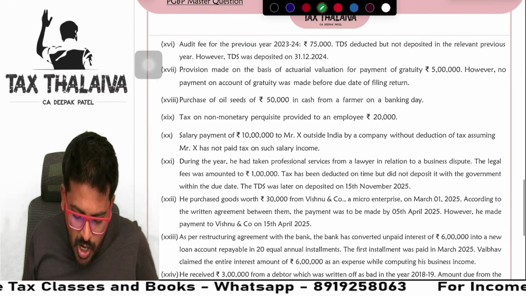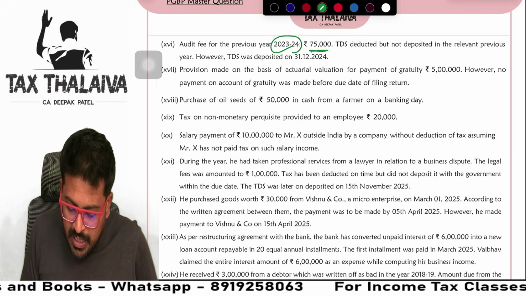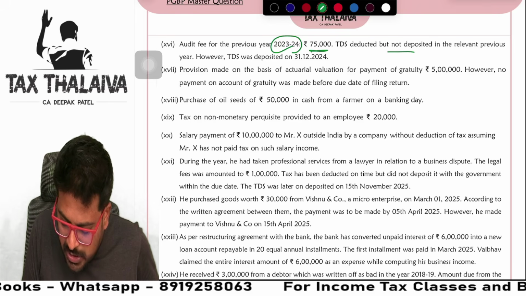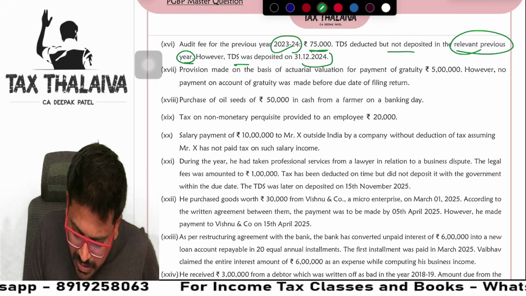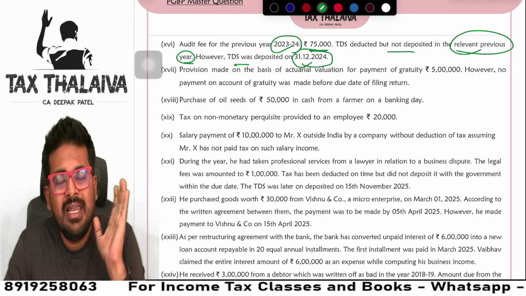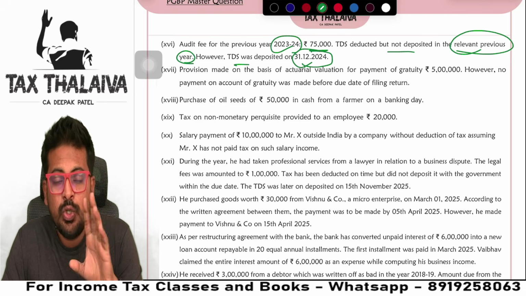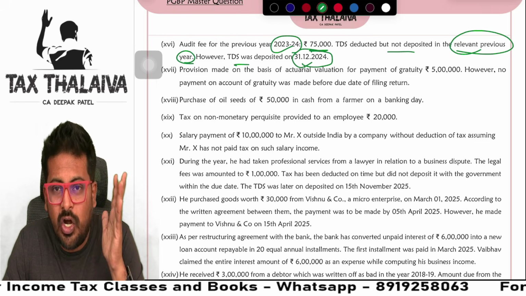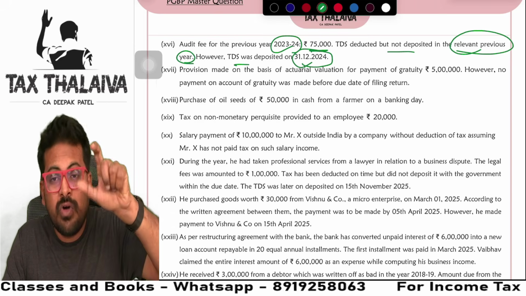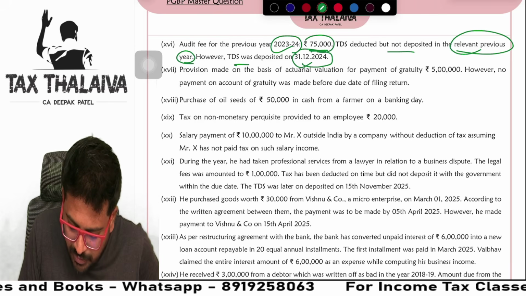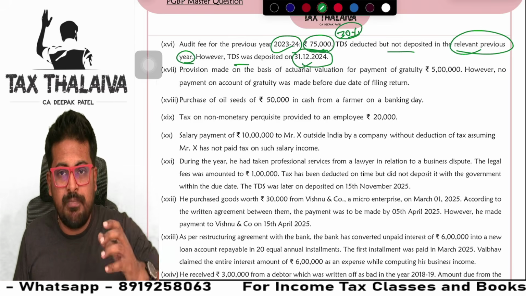Next, audit fee for the previous year 23-24 was 75,000. TDS deducted but not deposited in the relevant previous year. However, TDS was deposited in this year. Guys, I'll tell you what happened. Last year, on the audit fee, TDS was not deposited. You think logically, last year if TDS was not deposited, 30% of the expenditure would have been disallowed. So how much? 75,000 into 30%.